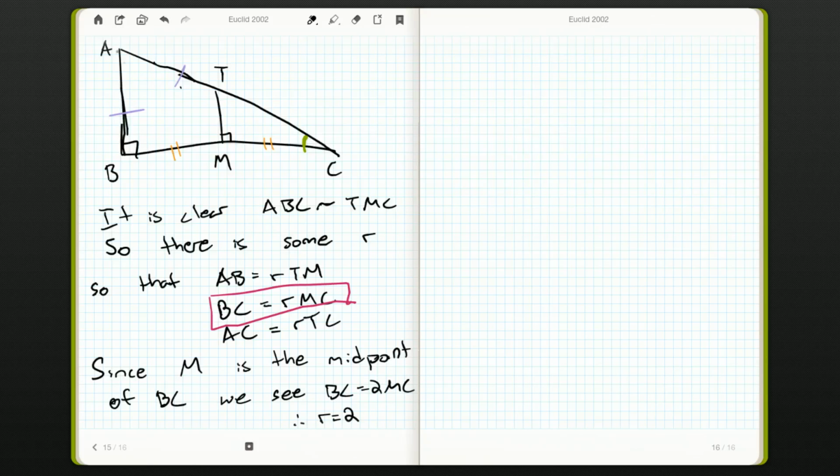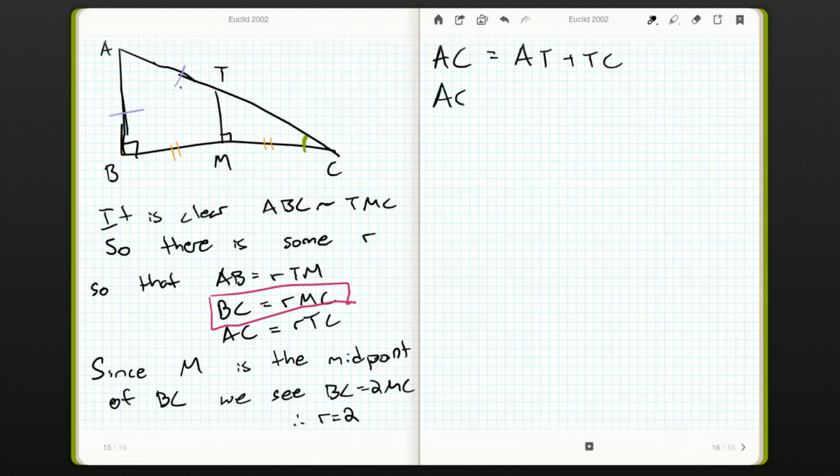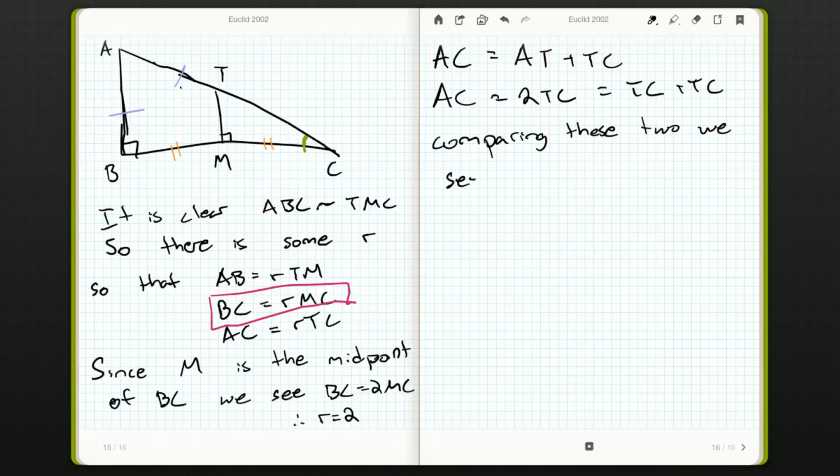Well, AC, I can split that up as AT plus TC. But then, AC is also 2 times TC, and that's TC plus TC. And comparing these two equations, we see that AT is going to be TC.